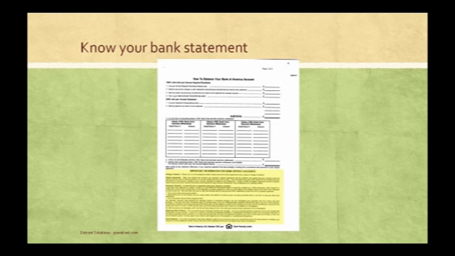For example, there was a situation in Tennessee where a person got hold of wire information and took money out of the bank account. That agent notified the bank within an hour, and under the regs, the bank has to put the money back in until they figure out what technically happened. So again, look at the back of your bank statement, either on the first page or the last page, and see what information it has regarding deposit accounts.